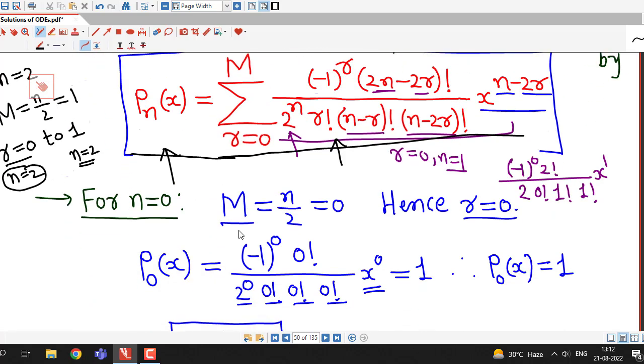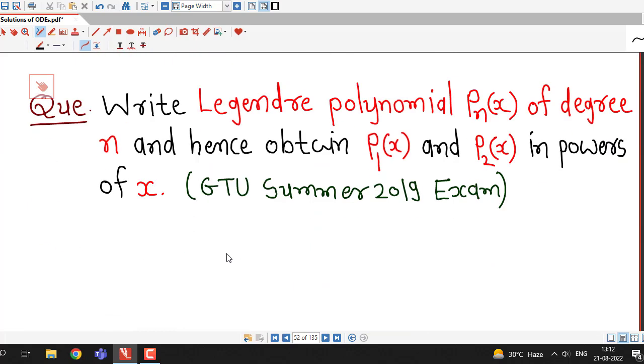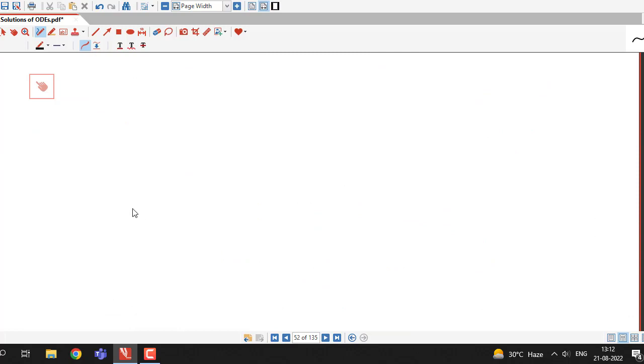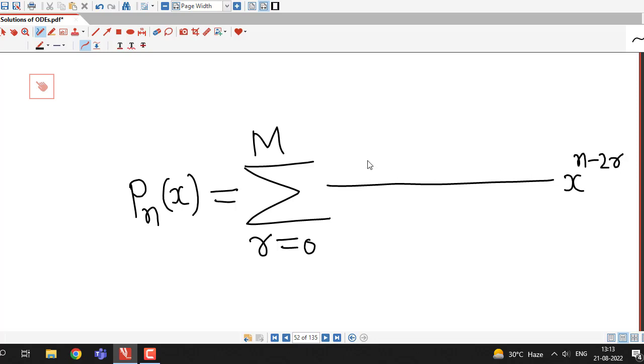So remember this formula again. For recall of this formula, we are writing again the formula of Legendre polynomial of degree n is given by sigma r equal to 0 to capital M, x raised to n minus 2r, minus 1 to the power r, n minus 2r factorial.